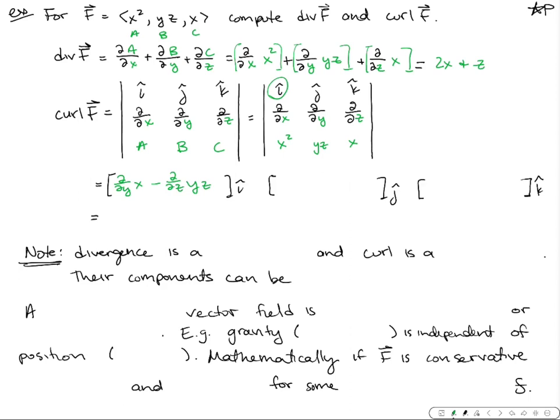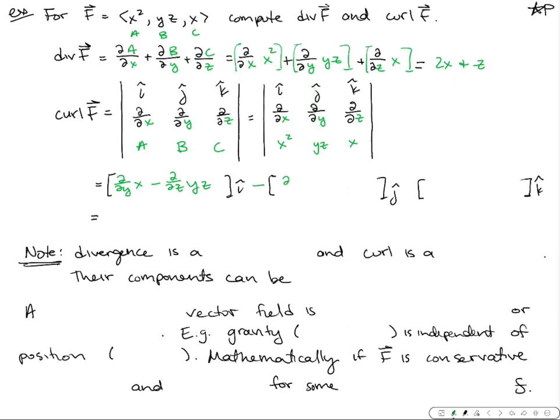And then next you move on to the j hat component, but we always go in determinants plus, minus, plus as we move from left to right. And so this is going to be minus whatever we get from the j hat. And in this case, we ignore what's below j, and then we do d/dx times x minus d/dz times x squared.